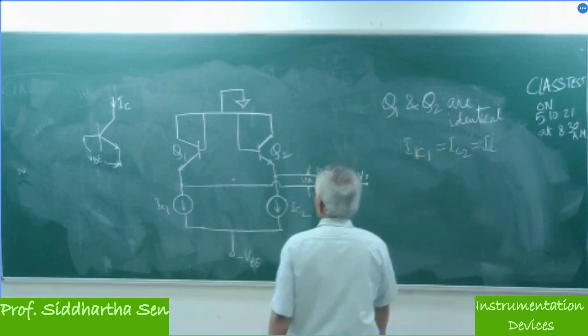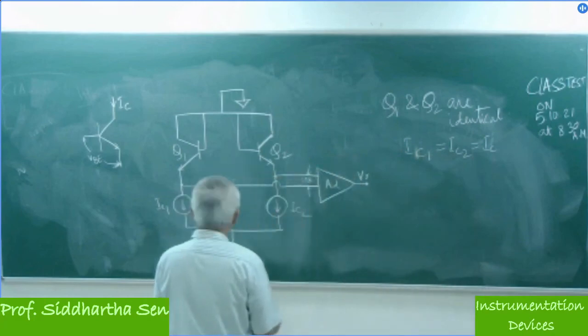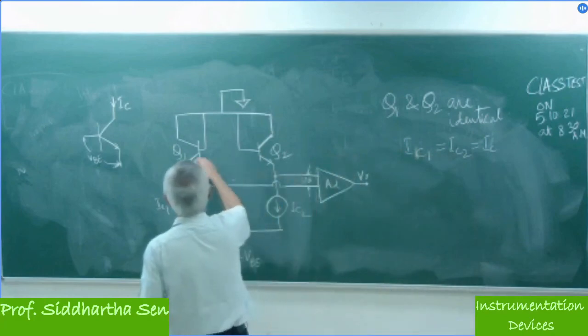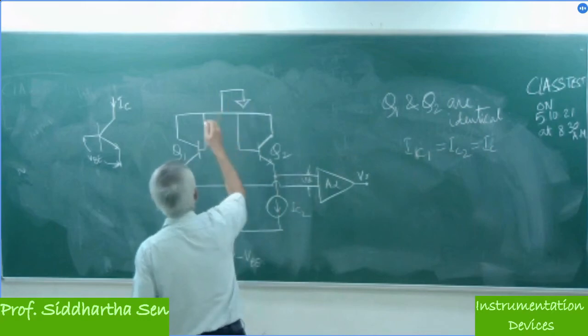They are also constant. So this is a base emitter voltage, this is grounded.